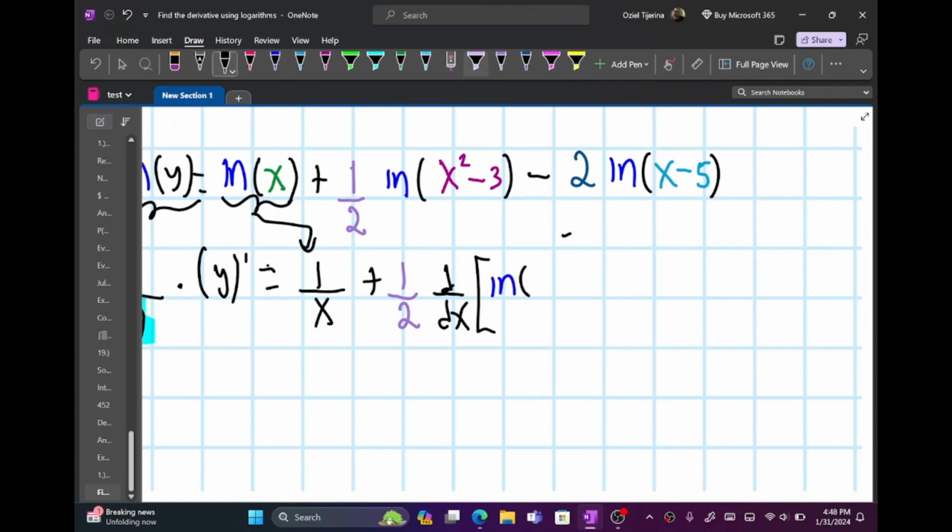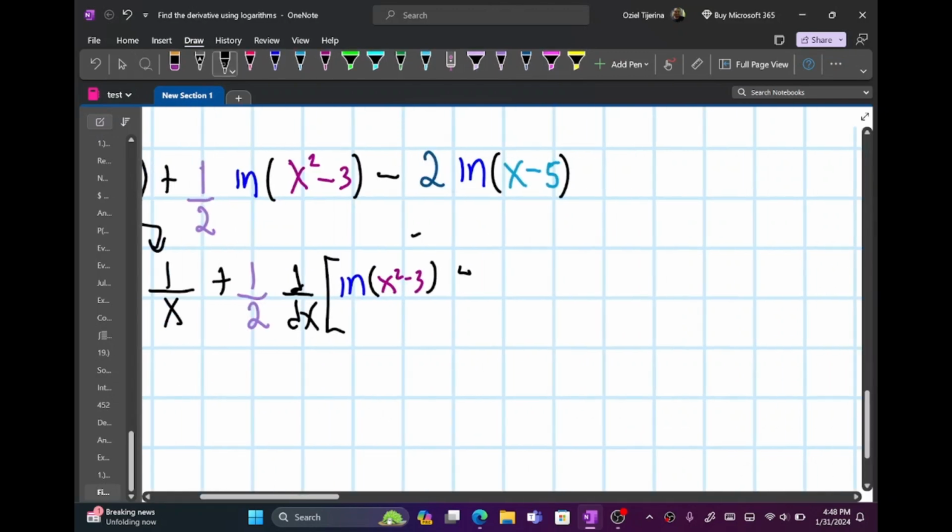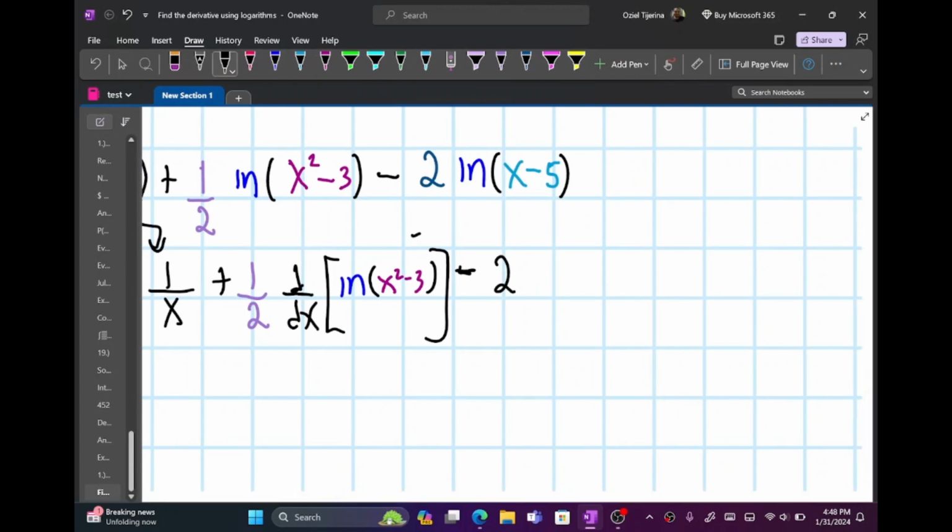So we have this going on. And then we have minus 2 times d dx of natural log of x minus 5. So I'm just writing it this way, guys, because we're about to differentiate this.